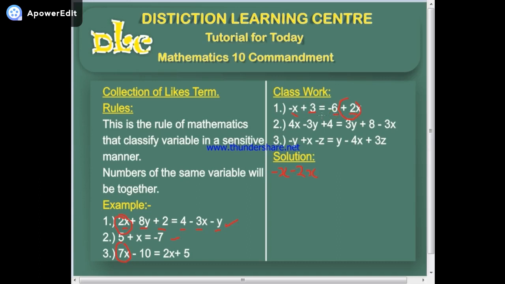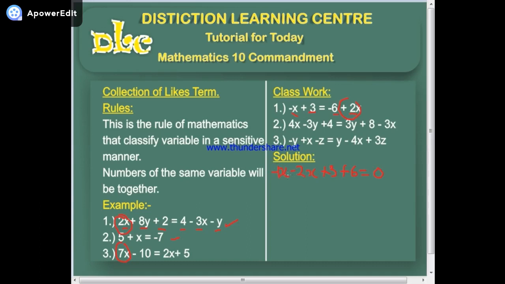So that will be plus 3, which is already on the left hand side before. And this minus 6, if it comes there, it will be plus 6, equal to 0. So that means minus x minus 2x, and in a situation whereby there is no number at the back of a variable, there is an invisible one there.